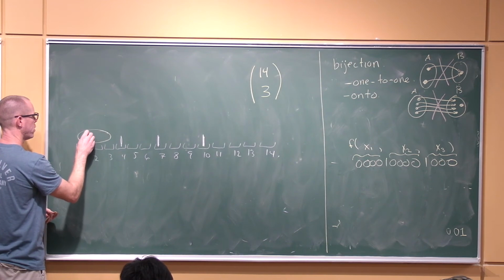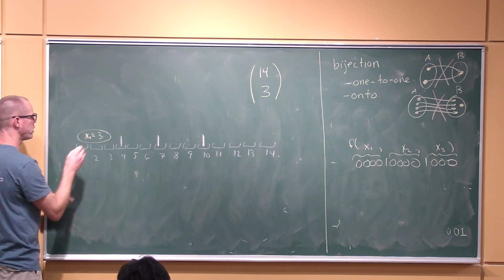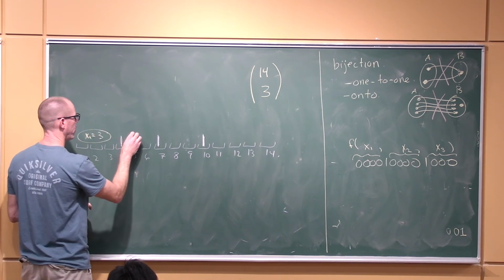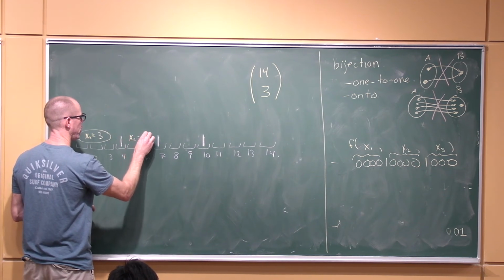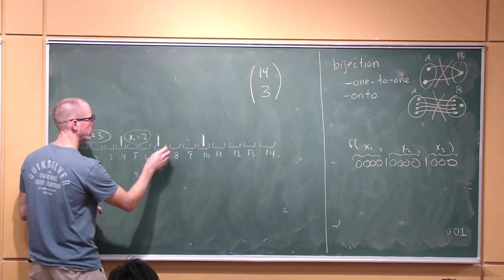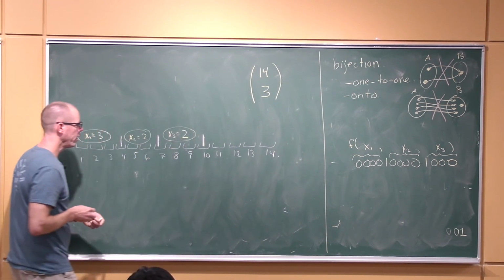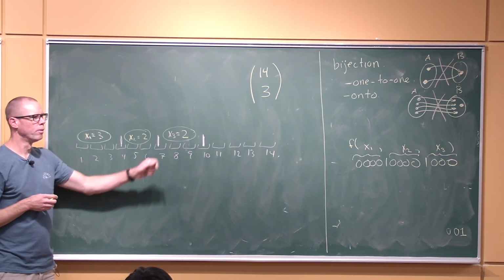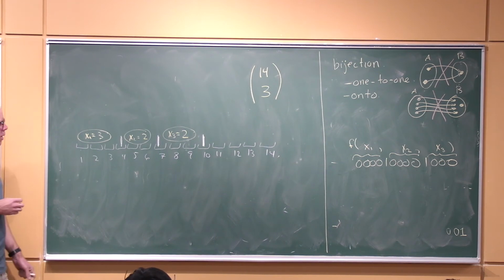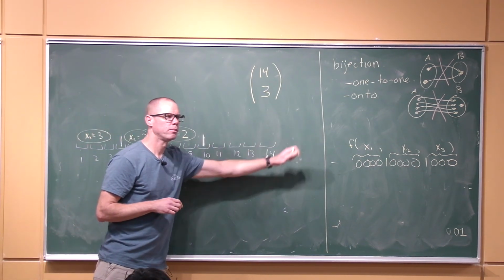We'll call this x1. In this example, it's equal to 3. Call this x2. In this example, it's equal to 2. And we'll call this x3. In this example, it's also equal to 2. And we have no name for this.